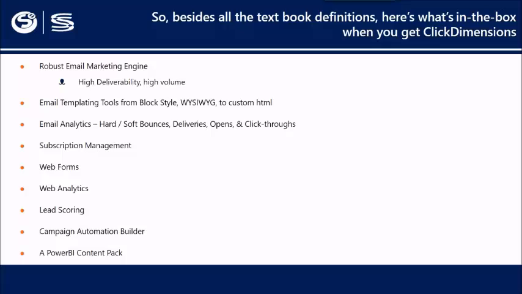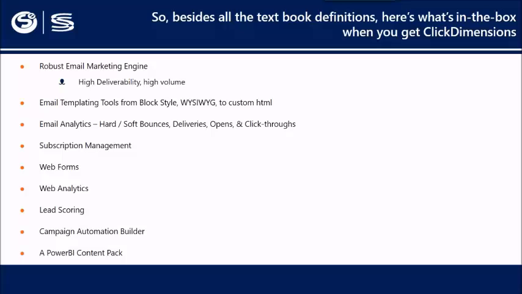The nice thing about ClickDimensions is that those analytics, same as with the marketing lists, are all right there in your CRM system. So the data is so integrated you won't even notice it's a separate system because it's built in. Subscription management. We're going to take a look at one really good subscription management example.